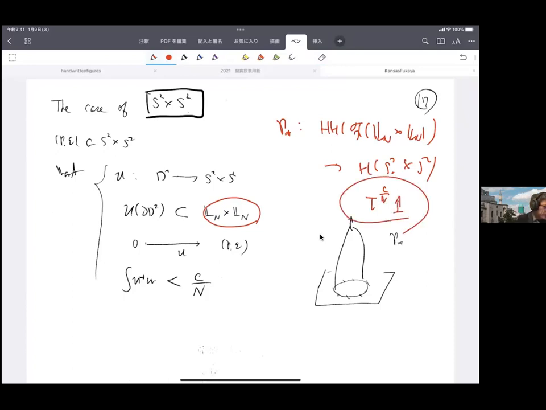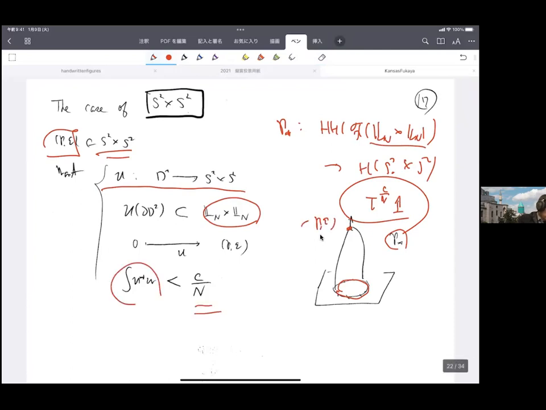So how do we do it? If you look at the definition of P star, it means the following. Suppose you have 2 points on S2 cross S2. I want to find some U from a disk to S2 cross S2, so that its boundary lies on these Lagrangians, and 0 goes to this particular point PQ, and the area of this homological curve is something like 1 over n. If you can find this, then by the definition of the open closed map, you find that this is almost a generator.